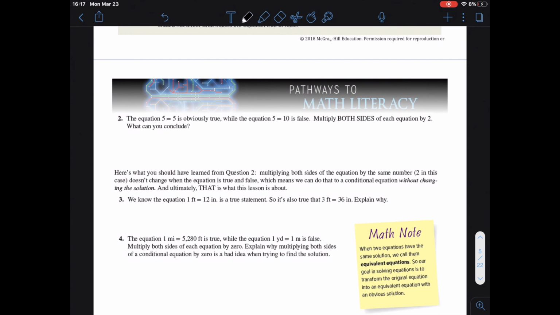So we know 5 equals 5 is definitely true, but 5 equals 10 is false. So we want to take both sides of the equation and multiply by 2. If we start with 5 equals 5 and multiply both sides by 2, you get 10 equals 10, which is still a true statement. So you started out with something true, you ended with something true.